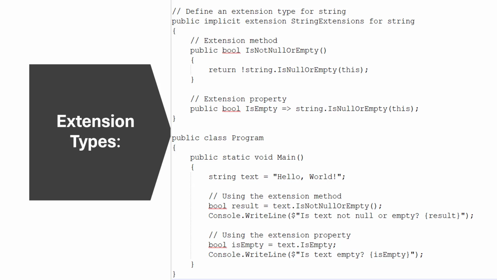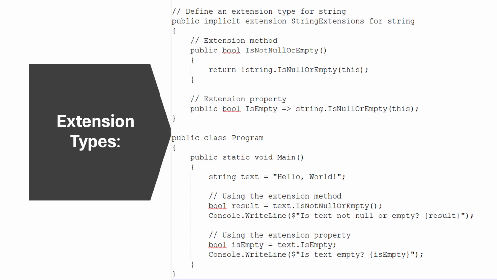That is like the extension methods used in previous versions, C# 12. But right now we use extension types in C# 13 with new methods, properties, and even indexers on existing types. So here we have an example adding a method and property to a string type.